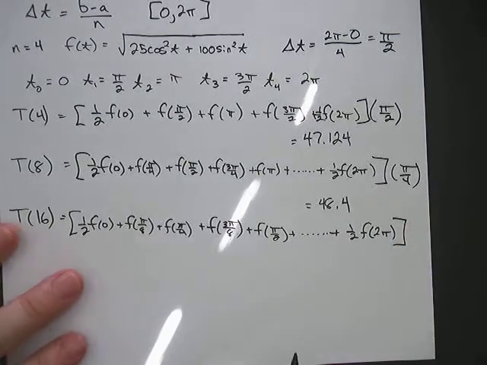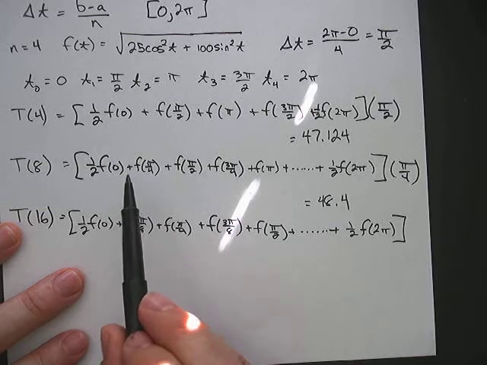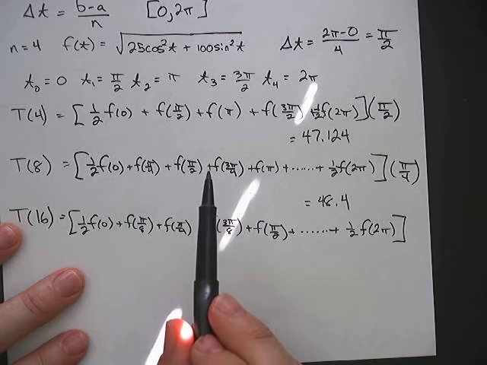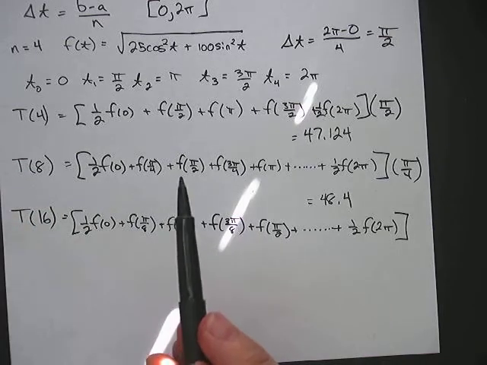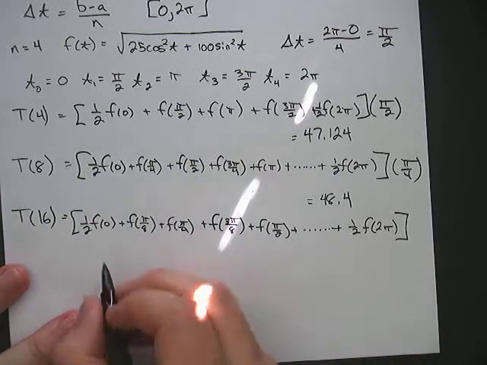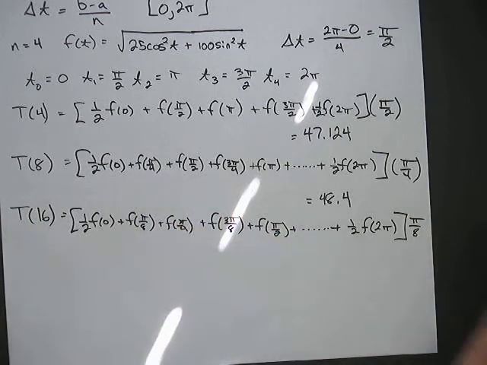Okay, so as you can see, we're just adding an extra one in each time. But this pi over 8 wasn't here, but now it's here, and then this 3 pi over 8 wasn't here, but it is here now. Okay, so we're adding in these values into every other one, so we're doubling the amount of values that we're taking, and then this out here is going to be times pi over 8.